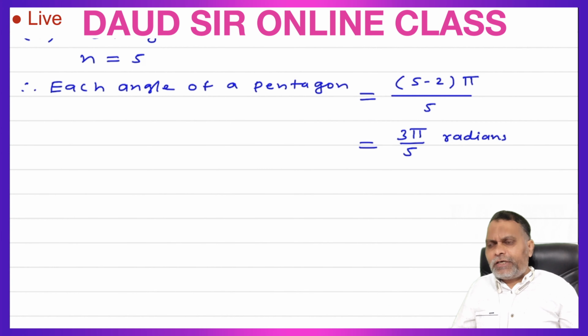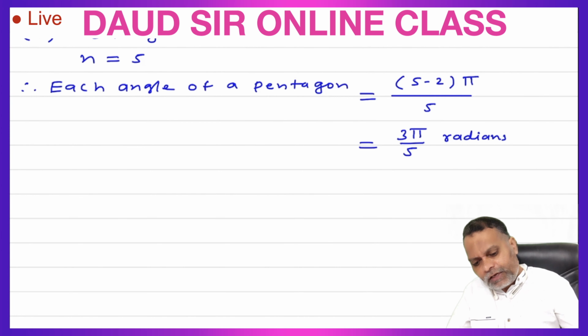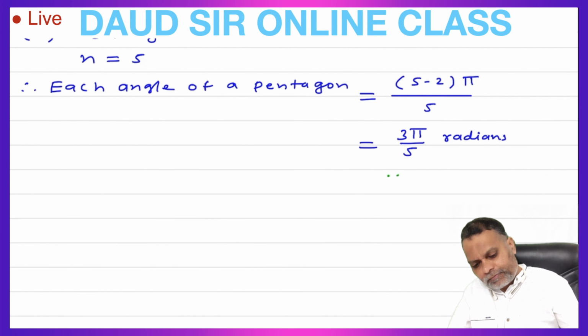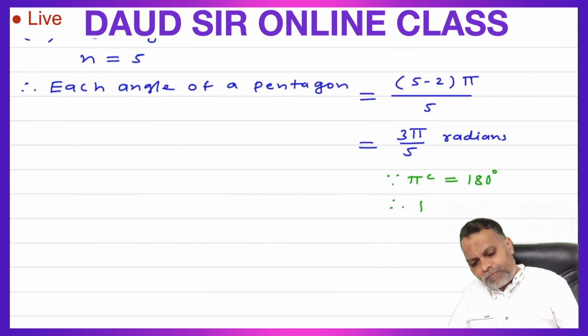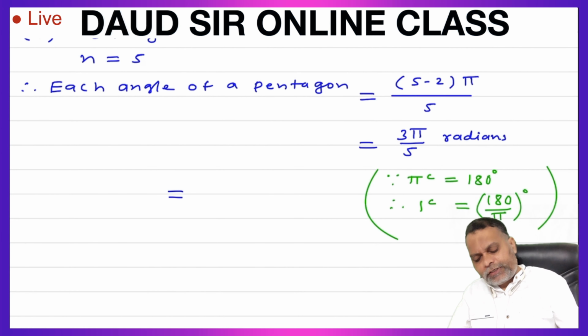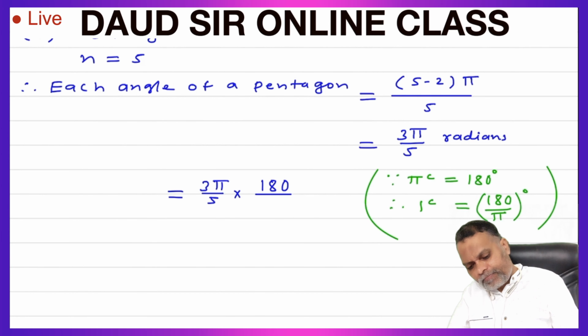Now we can convert this radian into degree. Since pi radian is equal to 180 degrees, 1 radian is equal to 180 by pi degrees. So it is 3 pi by 5 into 180 by pi degrees.